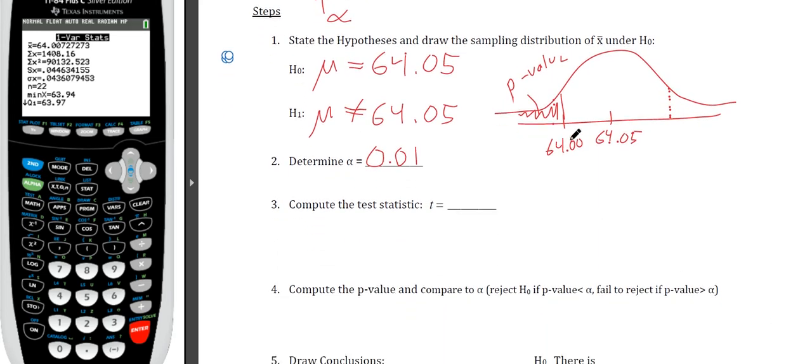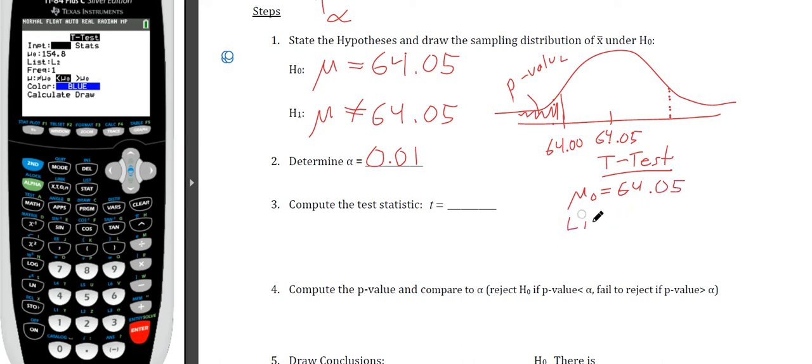To do so, we can run t-test. However, in this case, I don't need to save this mean and standard deviation. I simply should be able to go into stat and run t-test and tell it instead to use data. Use mu sub 0 equals 64.05 from my hypothesis test.